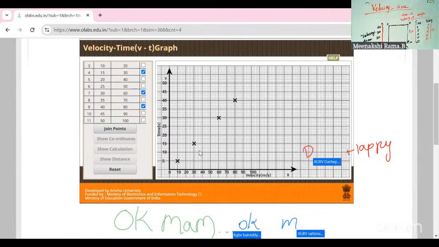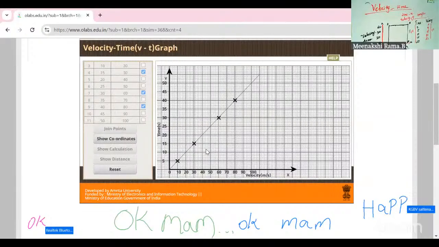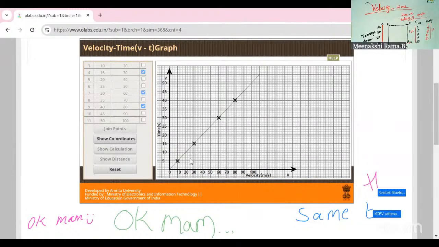This is a good example of non-uniform speed, because the graphical structure is not equal. So this is the velocity diagram of non-uniform motion. In the first 5 seconds he crossed 10 meters, at the 15th second he crossed 30 meters, at the 30th second he crossed 60, and at the 40th second he crossed 80 meters.